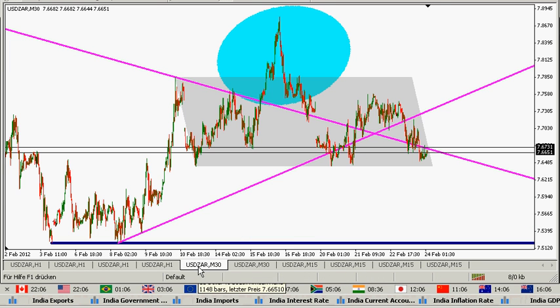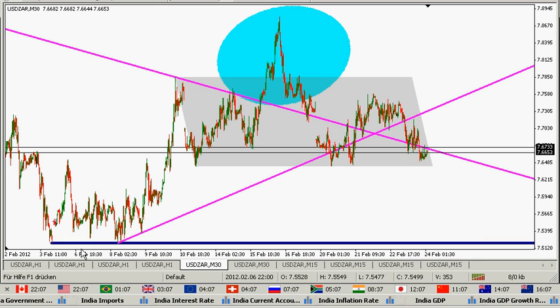Here I zoom a little bit to the 30 minutes chart, so we see the actual scenario much better. And interesting on the 30 minutes chart view is of course that here this sideways trend is above this trend.